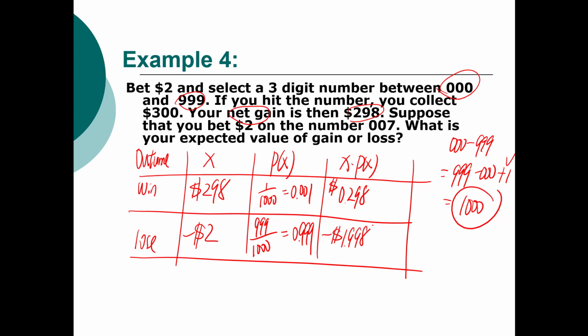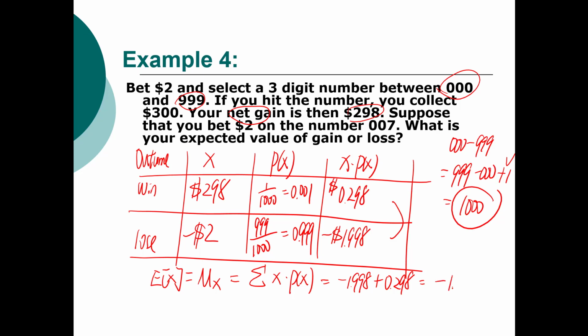So if you combine these two outcomes, the expected value here, the average return of all outcomes, the total of x times p of x, is negative 1.998 plus 0.298. This turns out to be negative 1.70.